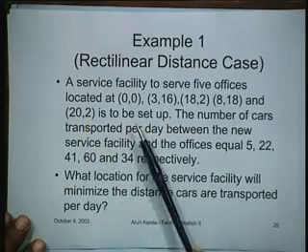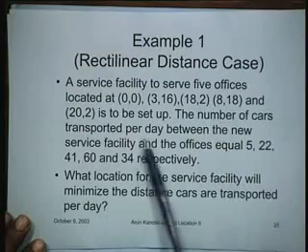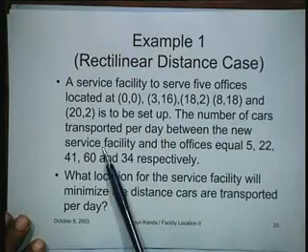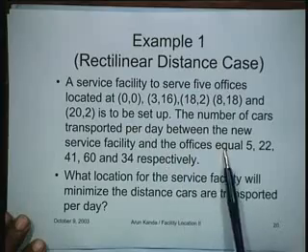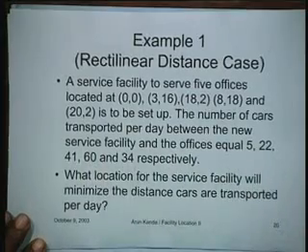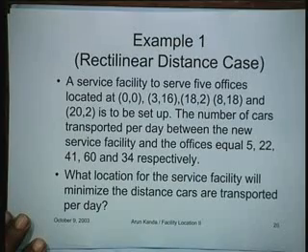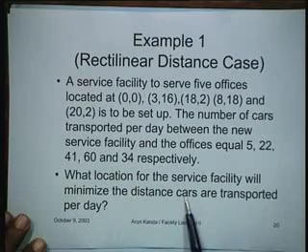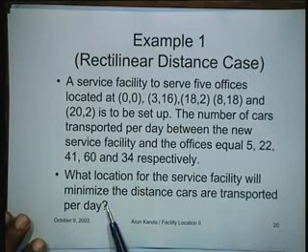The number of cars transported per day between the new service facility and the offices equals 5, 22, 41, 60 and 34 respectively. So the question is, what location for the service facility will minimize the distance cars are transported per day?